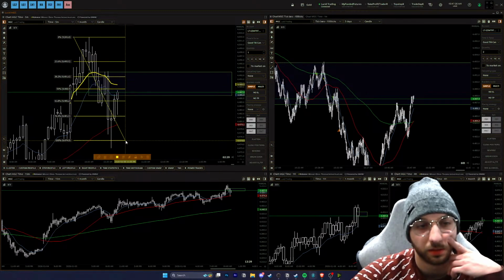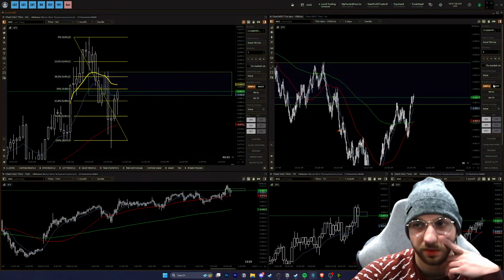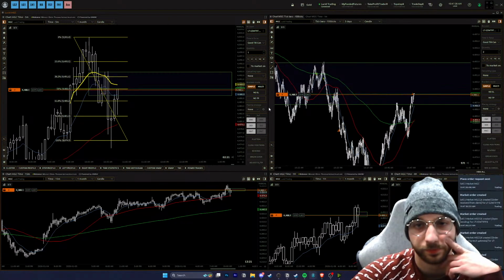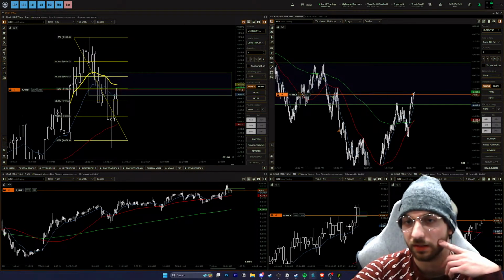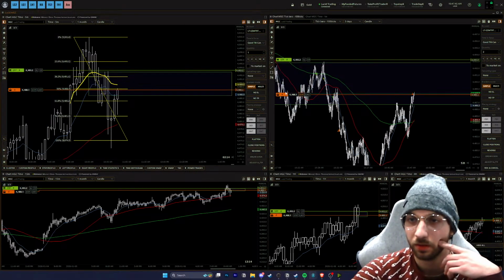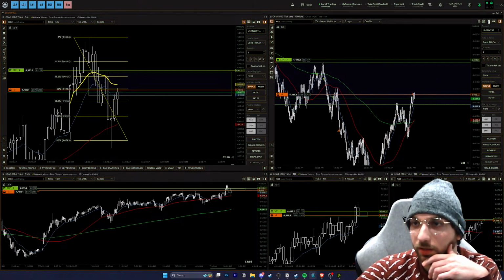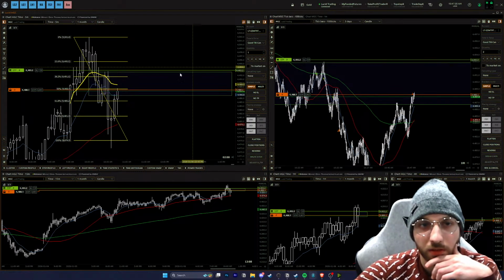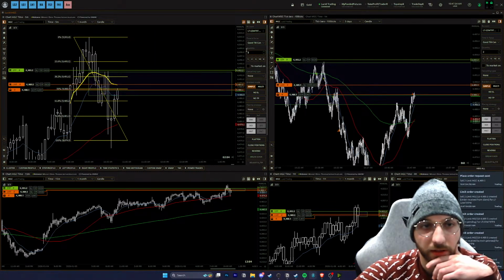That was supposed to be here. Something like that. I'm gonna start it off with 2 micros. And I'm gonna add it as I see confirmation. Kind of want to add 2 more if we hit VWAP. Let's do that.